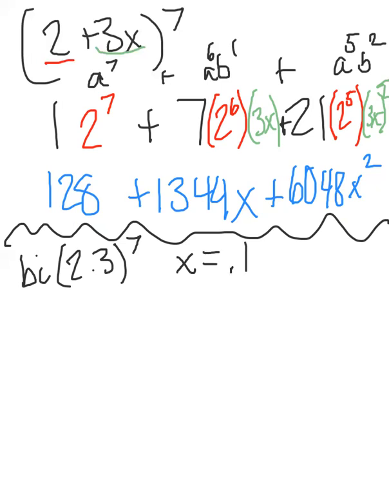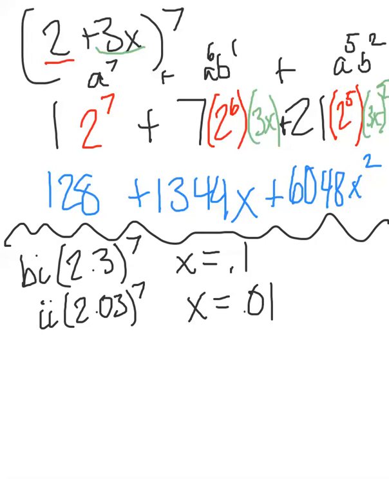And then for part 2, it's asking us to find 2.03 to the 7th, which tells me that x is equal to 0.01. So now I plug in these x values into the two different equations. Again, you're doing it by hand.